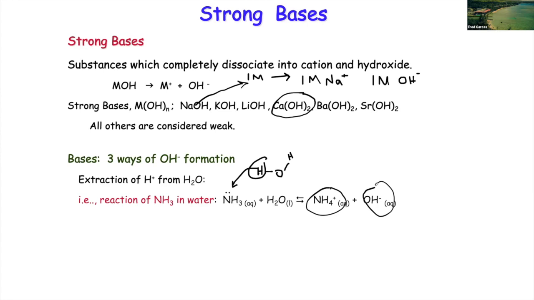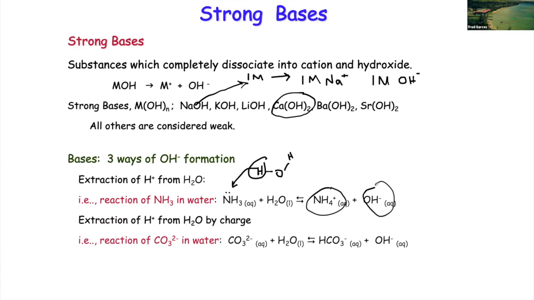When it's acidic, you have more hydronium, H3O plus. When it's basic, you have more hydroxide. And you'll see that when we get further into this chapter. So again, you generate hydroxide either as the chemical dissociates or by reacting with water.